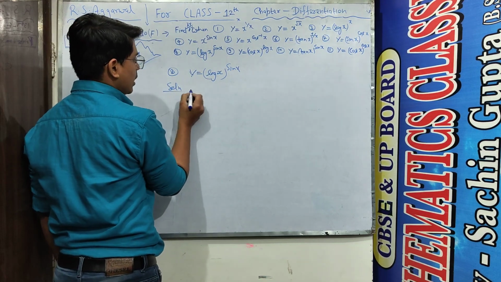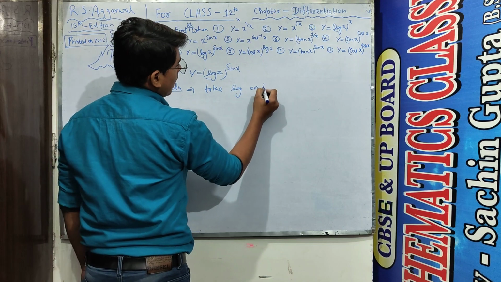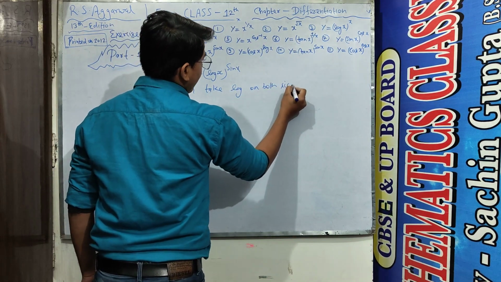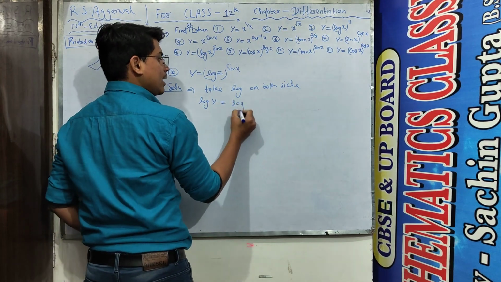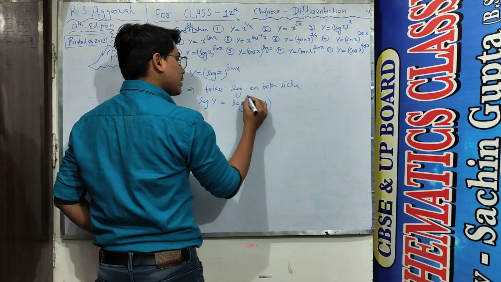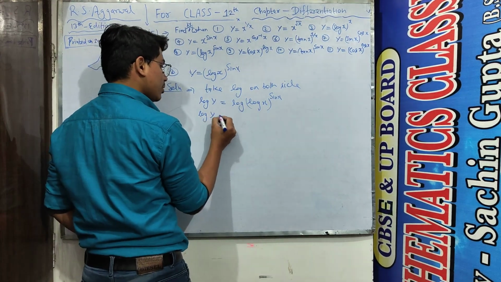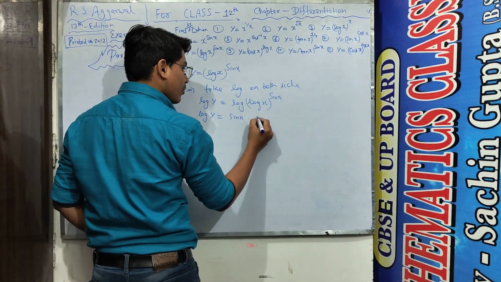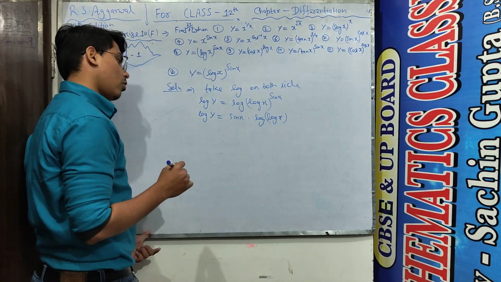We write here the solution and take log on both sides. When we take log, it becomes log y, and it becomes log of x raised to the power sin x. This sin x comes before the function, and the remaining term is log x.